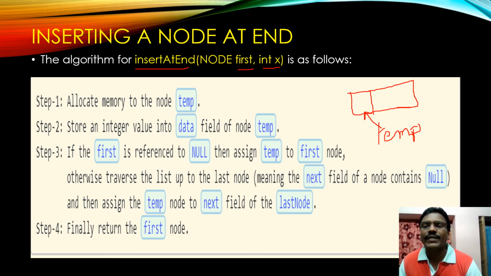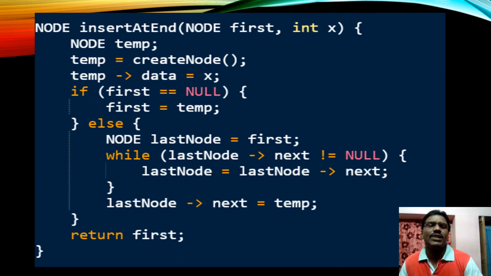Again, it returns. This is the algorithm for inserting at the end. Now the actual code. For example, we have one node, a single linked list with only one node. For example, this is 1020. The value is 5. At present, it is the first. Now, first is representing 1020.